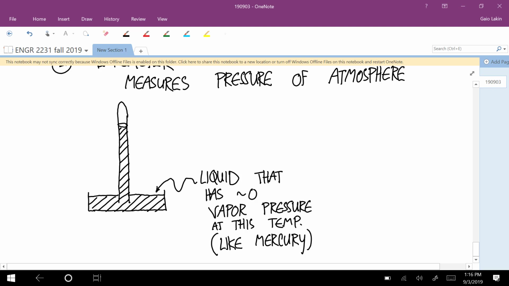Okay, so right here, the idea is that this liquid is all exposed to the atmospheric air. Okay, so what's the pressure right there? The pressure here is the atmospheric pressure. That's what we're trying to calculate.